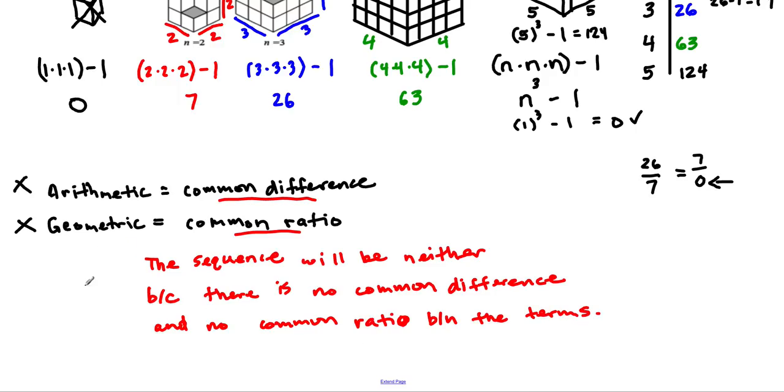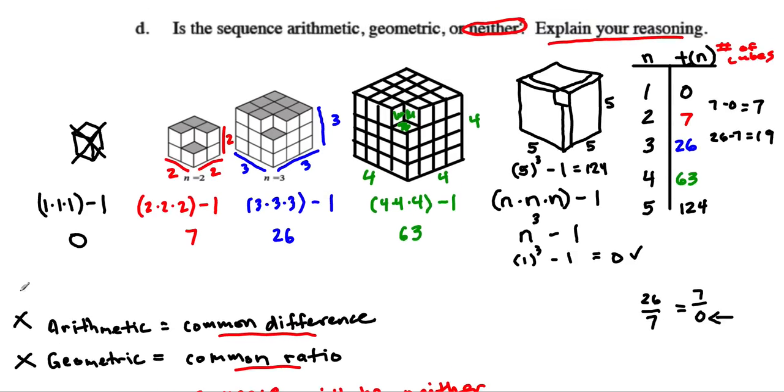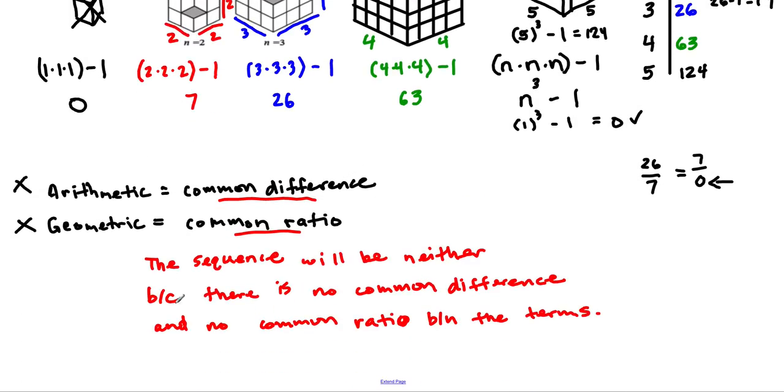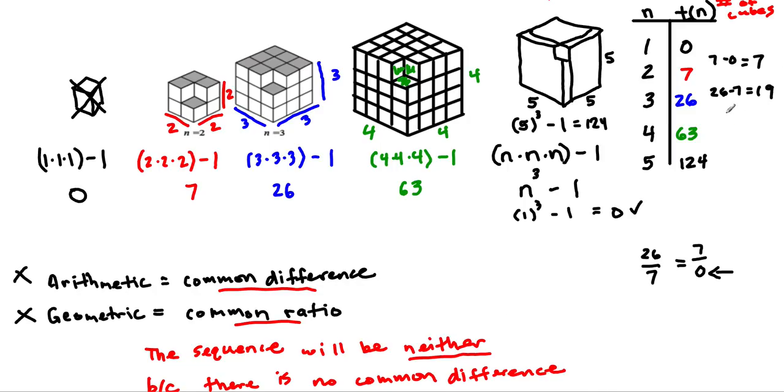So if you're looking for a reason there, that is for your last part, part D. Is the sequence arithmetic, geometric, or neither? Explain the reasoning. The sequence will be neither because there is no common difference and no common ratio between the terms, meaning we can't subtract and get the same value each time, and we can't divide and get the same value each time.